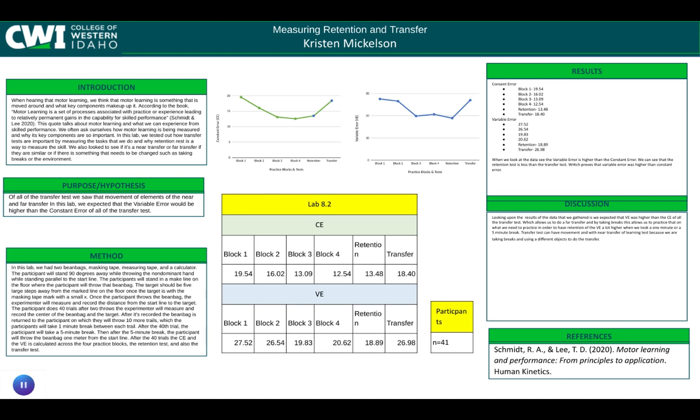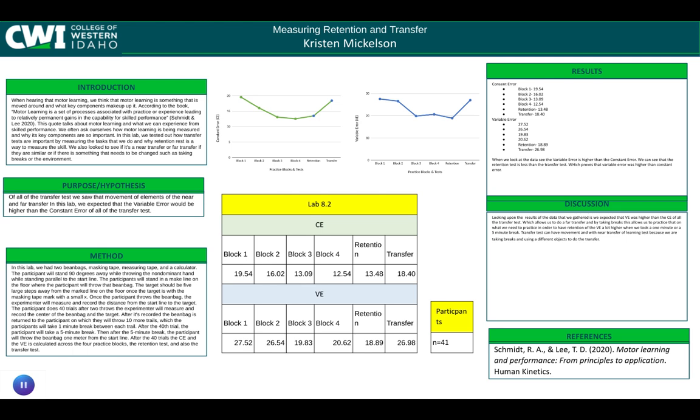This allows us to practice what we need to practice in order to do retention of the variable error when we took a 1 minute or a 5 minute break in between.